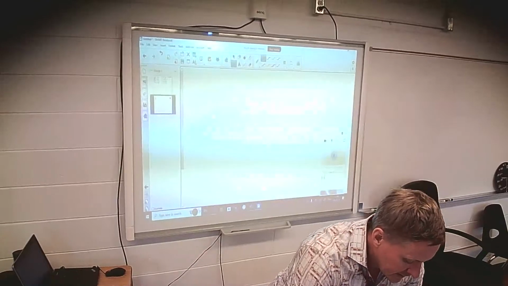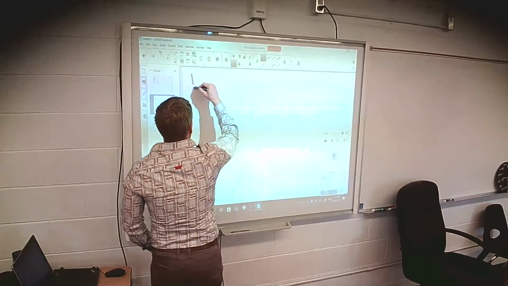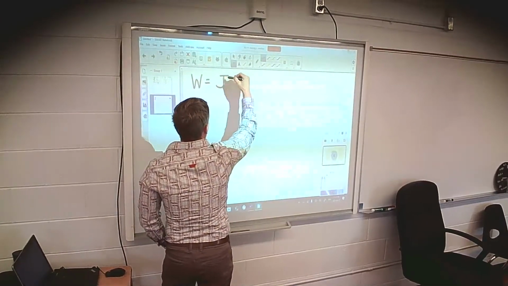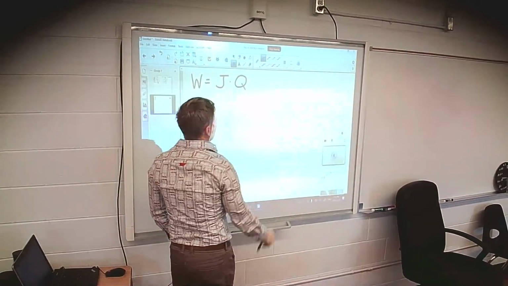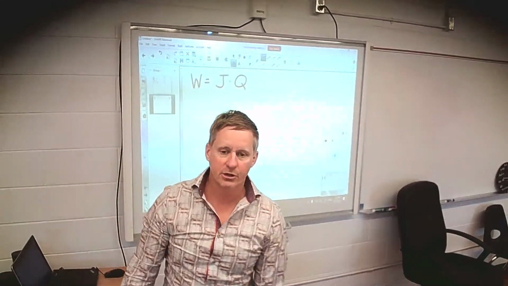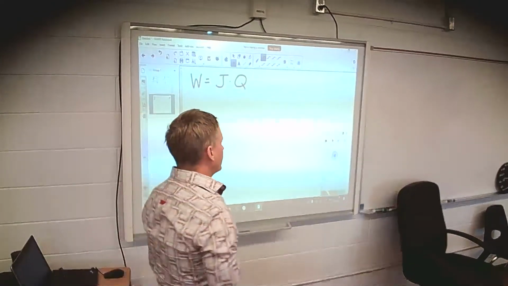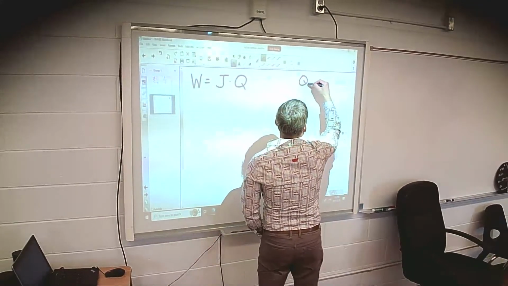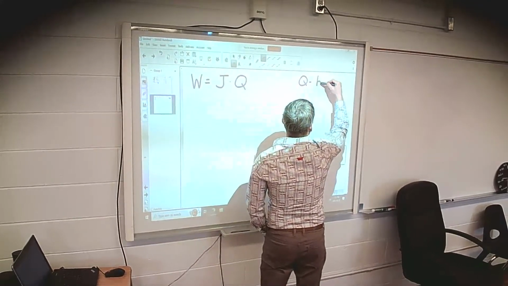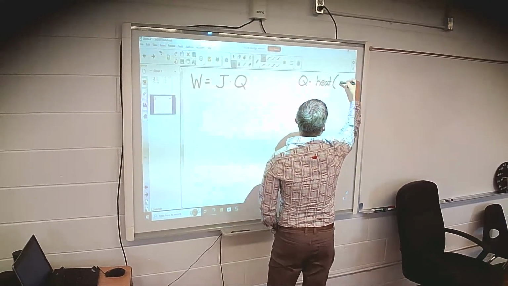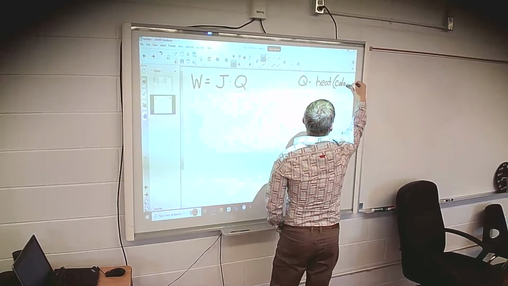Electric energy expended in the resistance is directly proportional to the heat energy that appears. So a new equation here: work is equal to J times Q. Now Q is not your charge anymore. Capital Q is the quantity of heat, which we measure in calories.